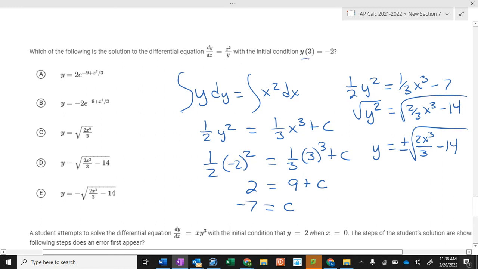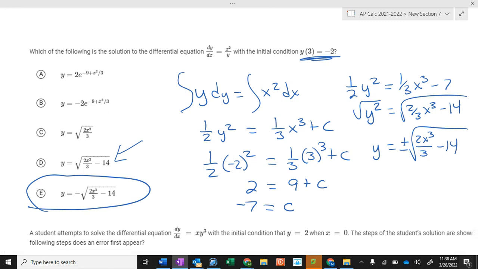Okay, so then we have to plug this in to see which works. If we plug a 3 in, 3 cubed is 27 times 2 is 54 divided by 3 is 18, right? No, if it's equaling negative 2, wouldn't it have to be E then? It would have to be E because this one will end up being positive. That has to be E. Good job there, people.